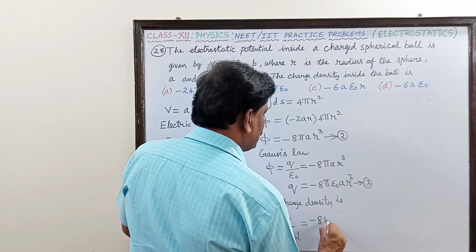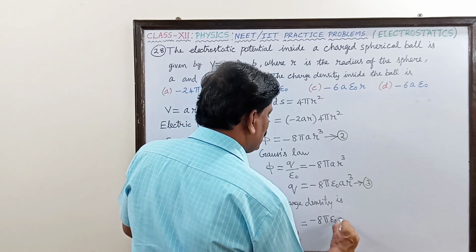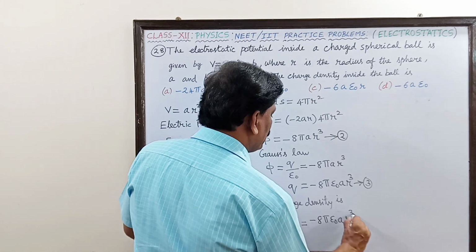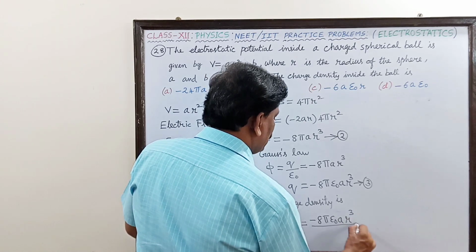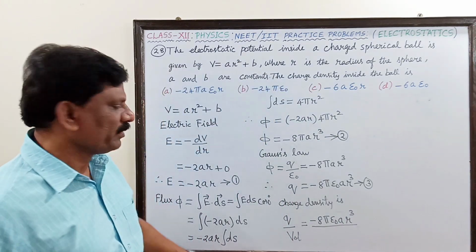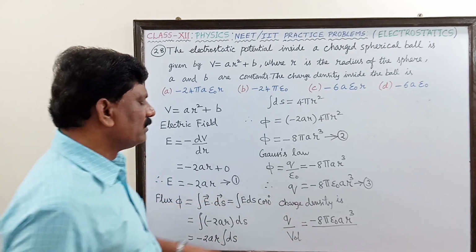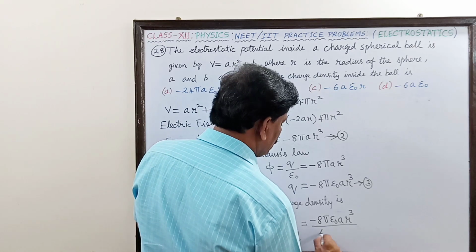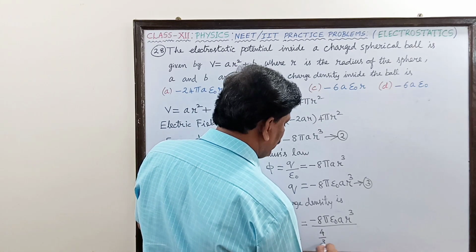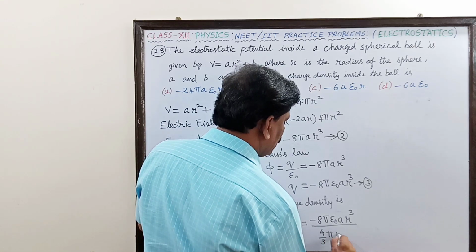Minus 8 pi epsilon naught A r cube divided by volume of a sphere. We have to substitute volume of a sphere. So that is 4 by 3 pi r cube.